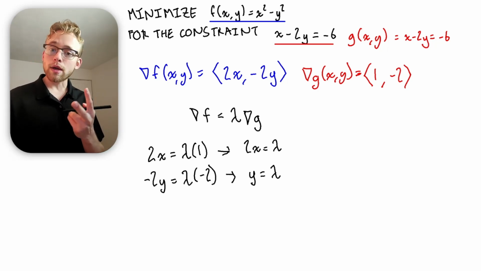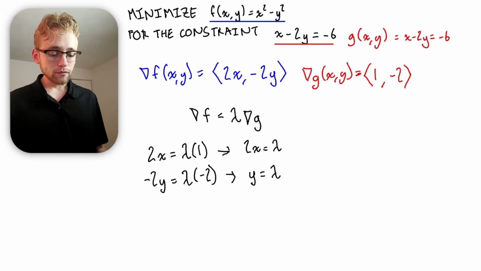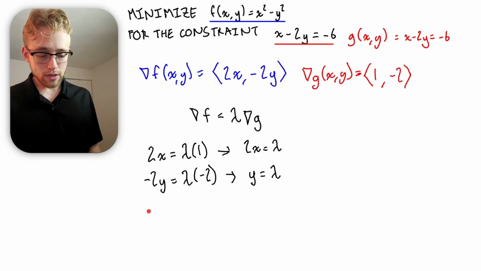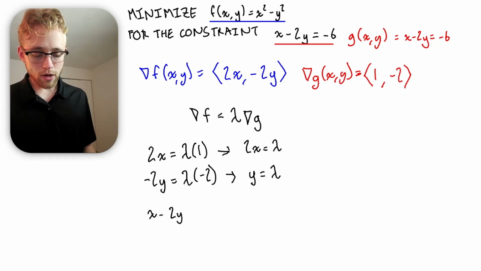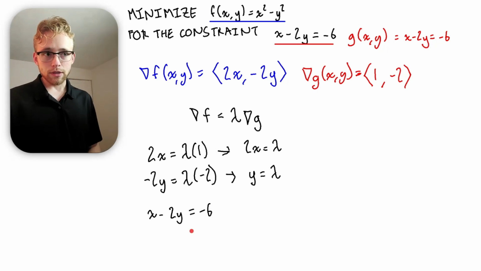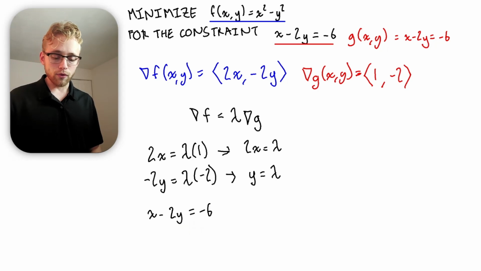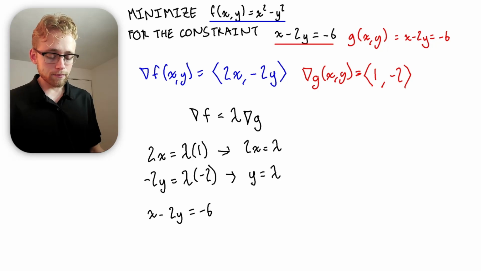So where do we get our third equation? We get our third equation from the constraint equation. So our constraint equation is x minus 2y equals negative 6. All right, now we can use this equation to solve for x or to solve for y, and then we can solve for whatever else.